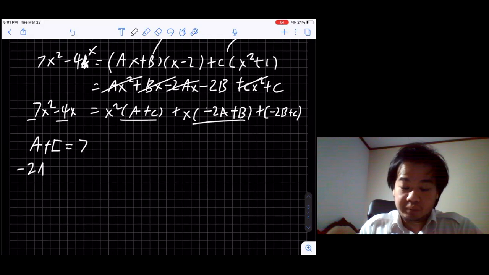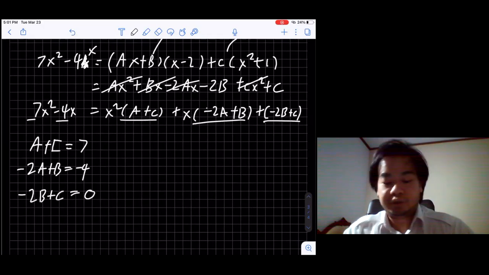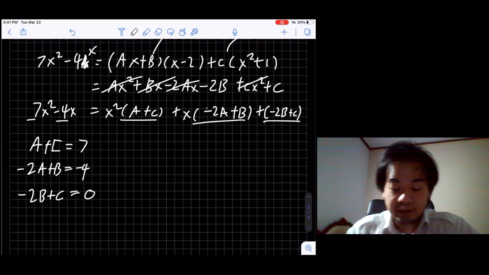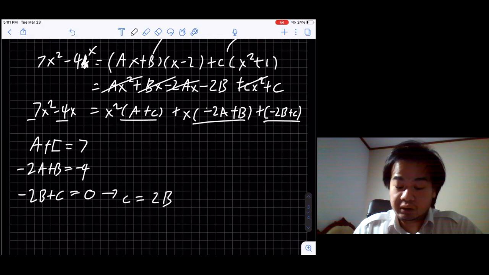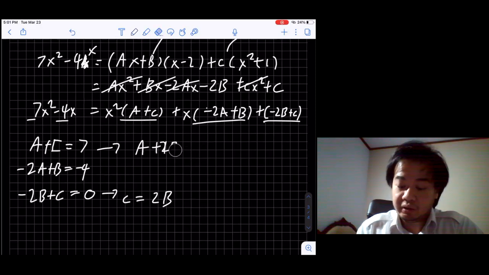Negative 2a plus b is equal to negative 4, and there is no constant on the left side, so it's equal to 0. It means that from here I get c equals 2b. So from here I will get a plus 2b is equal to 7. Well, let me write it on the side.